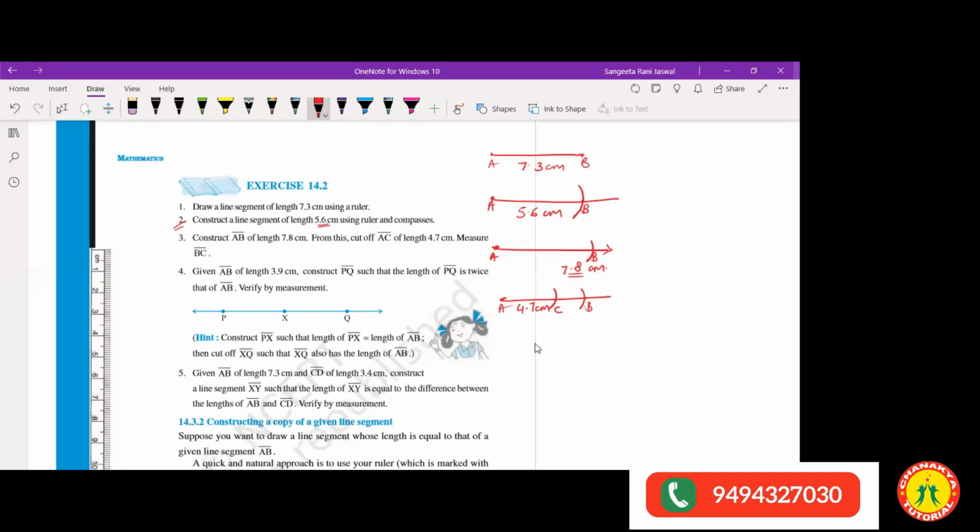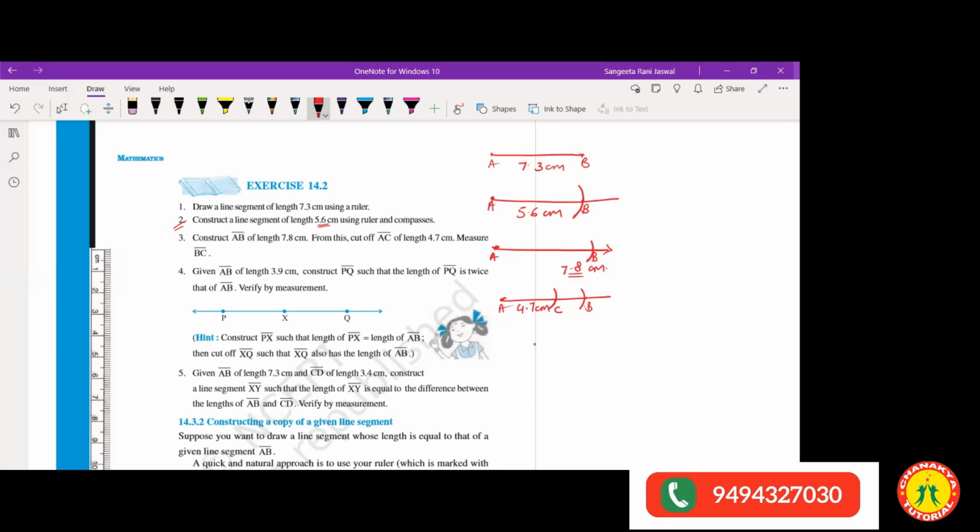Okay, ma'am. Given AB of length 3.9 centimeters, construct PQ such that the length of PQ is twice that of AB.